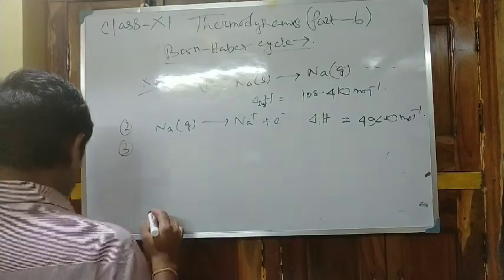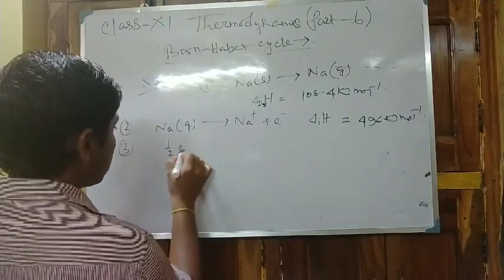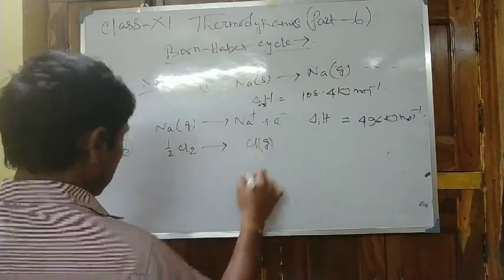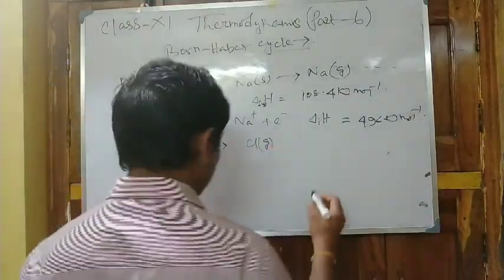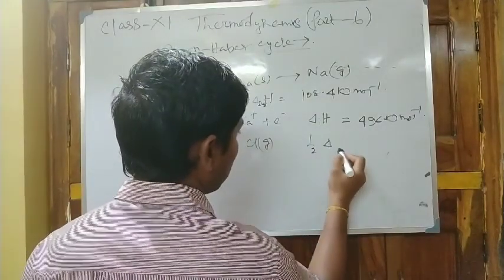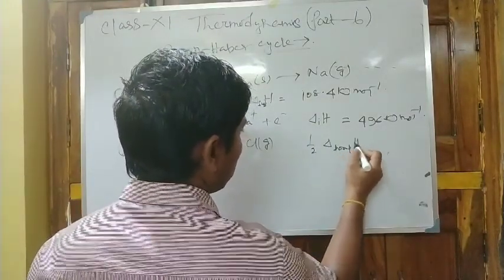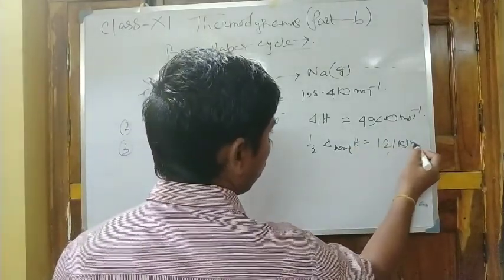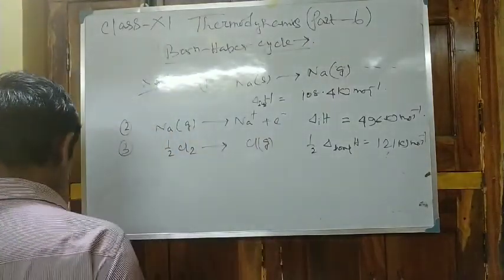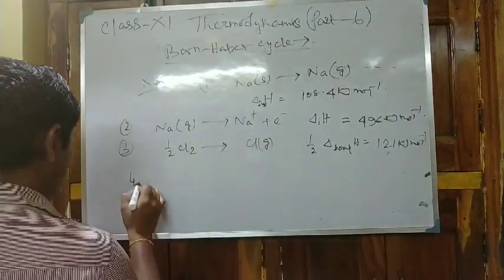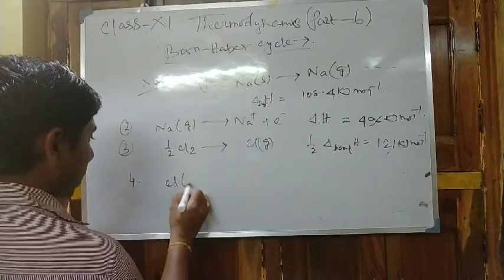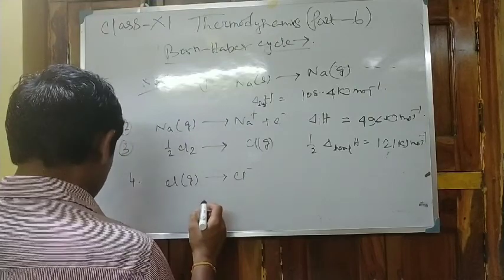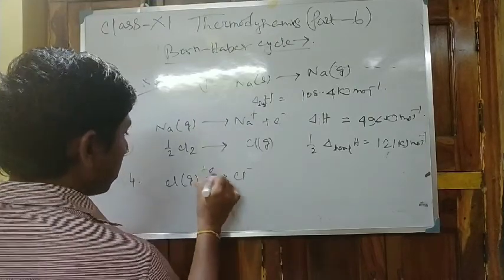Now step 3, that is half of Cl2 to Cl gas. Here it is the bond dissociation, half of delta bond H, which is equal to 121 kilojoule mole inverse. Now step 4, Cl gas to Cl minus, gaining an electron.